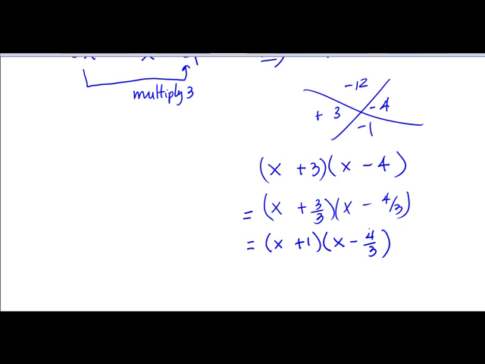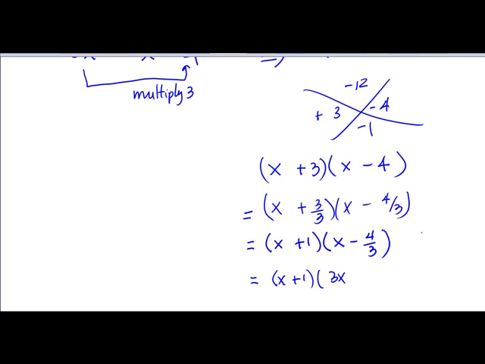Okay. When you factor, we do not want to have a fraction in the factor. So the easy way to get rid of the 3 is to multiply this whole thing here by 3. If you multiply this whole thing by 3, you will have 3x, because you multiply this here by 3, and then you multiply this whole thing by 3.